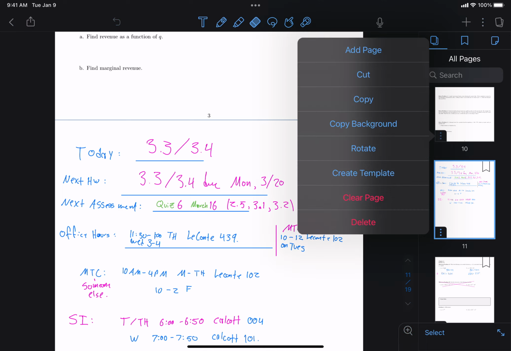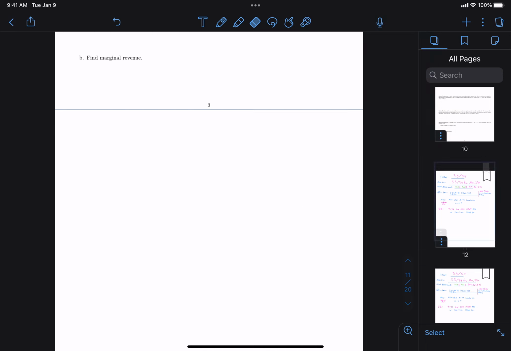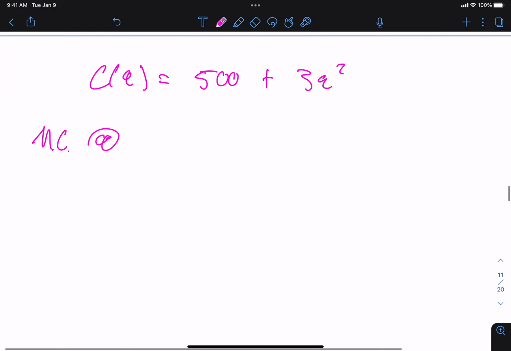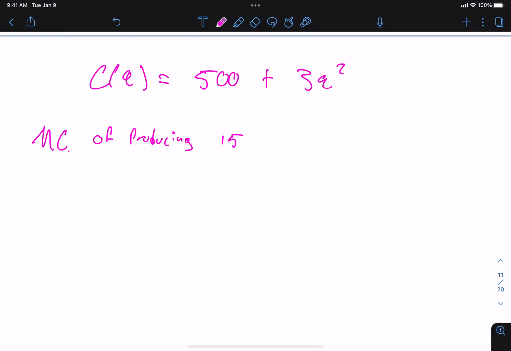I've had a lot of questions on that one, so let me give a quick description of what we do with it. The question, if I remember right, gives you something like C of Q equals 500 plus 3Q squared, and asks what is the marginal cost of producing the 15th unit.